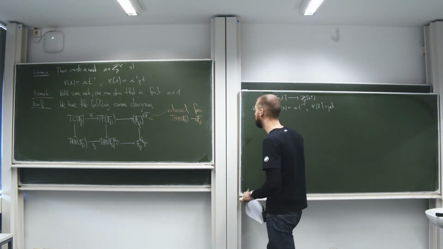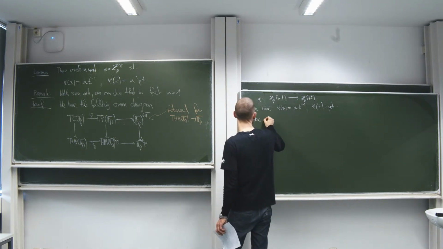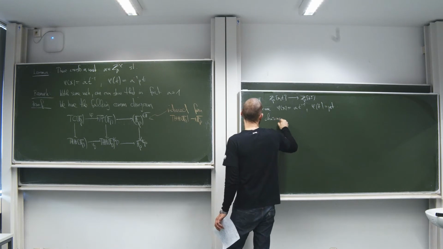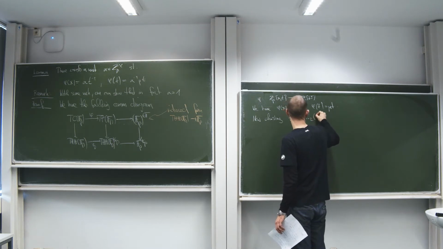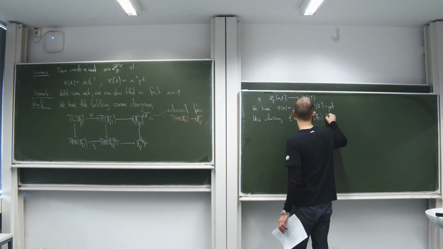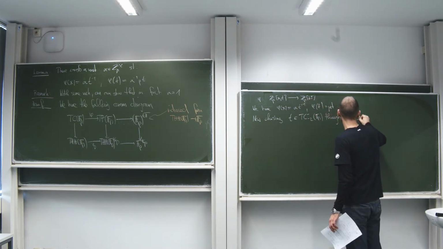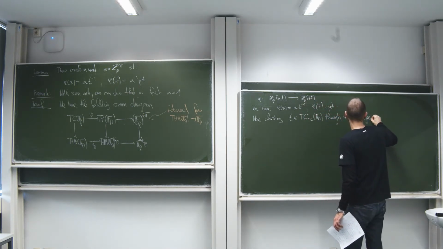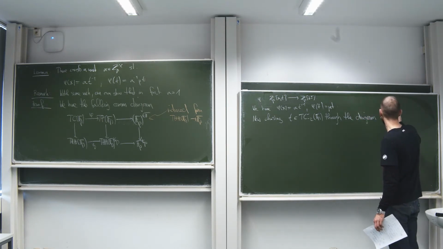Now let's take, chasing an element t in TC minus in degree minus 2 of F_p through the diagram. Clockwise, it is 0.